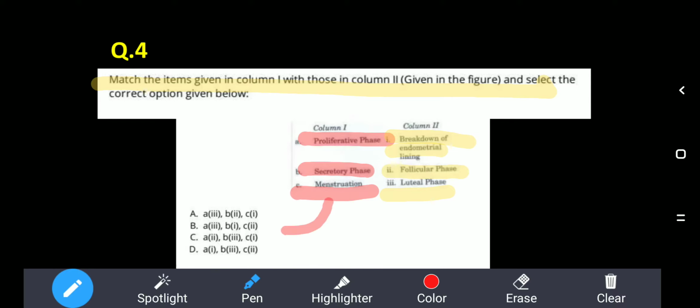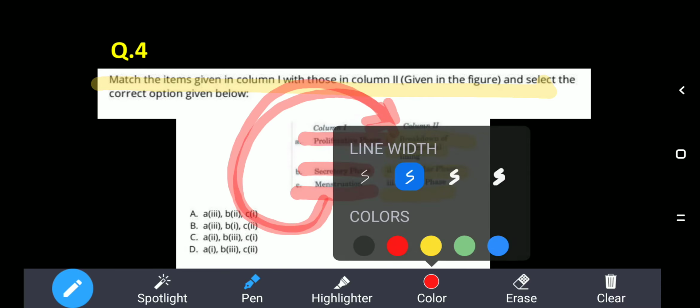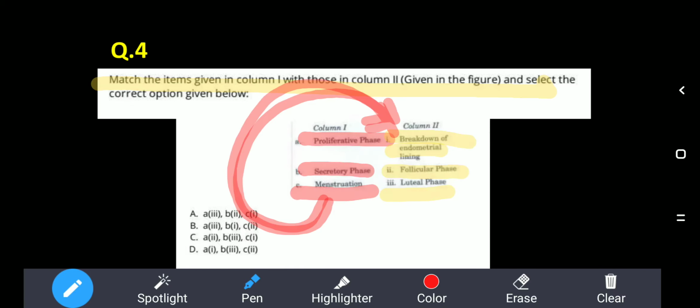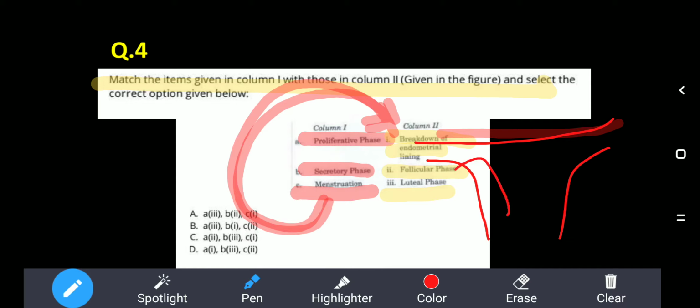Menstruation, everyone knows, is the breaking of the endometrial lining. So I'm going to draw and show this. This is the uterus, and the endometrial lining is thickened every month to prepare the body of the female for pregnancy.